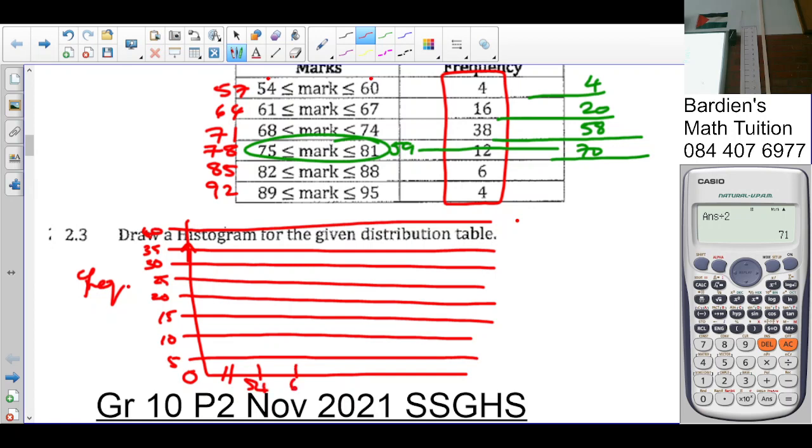Then 61, then 68, then 75, then 82, then 89, and then 96.